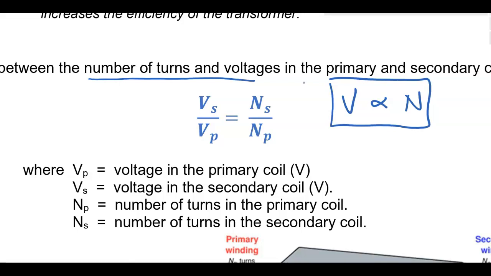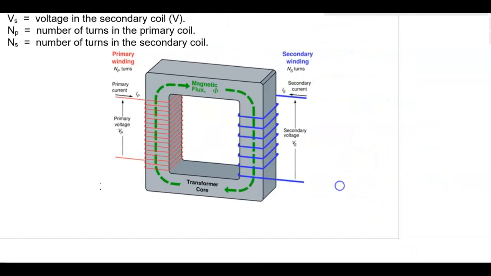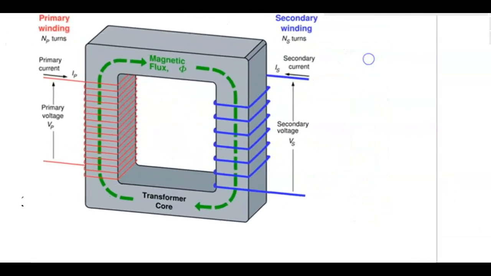Okay? So if we look at the second diagram here, here's our primary voltage with a certain number of coils, concentrated magnetic flux by our transformer soft iron core. And now the secondary winding has fewer coils.